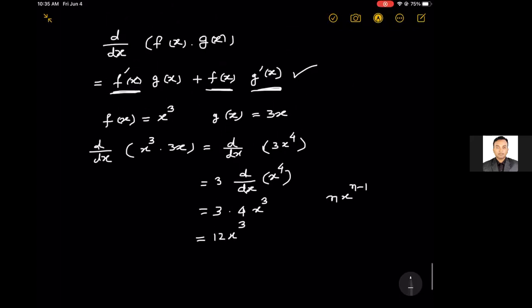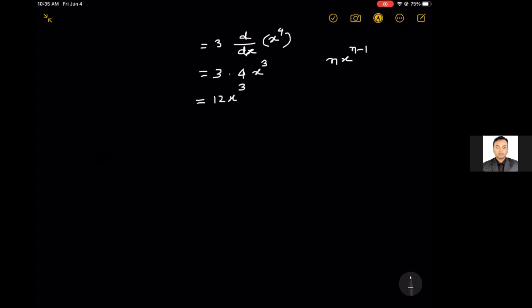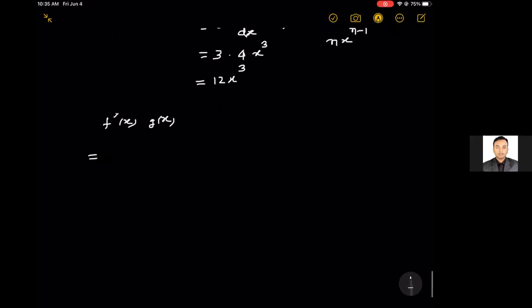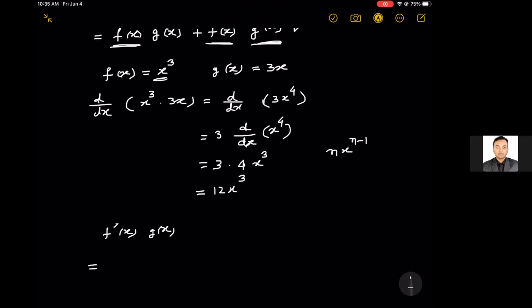Now we want to find this. So first we'll keep one function and find the derivative of the other one. So f prime x times g x, that means we'll keep g x as it is and find the derivative of f. So f was x cubed.